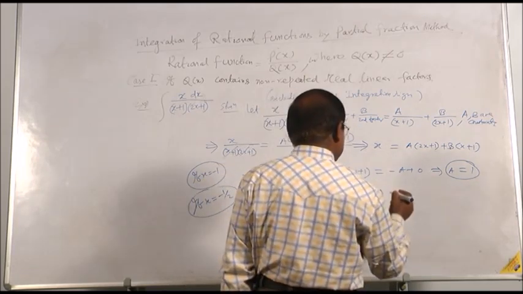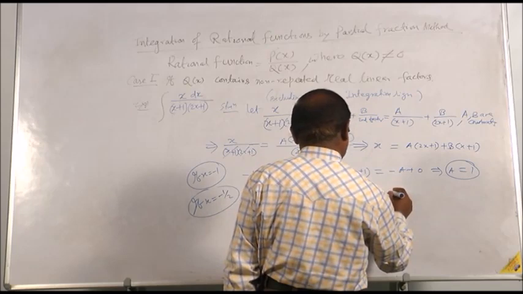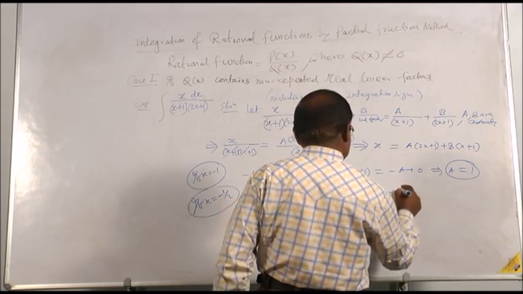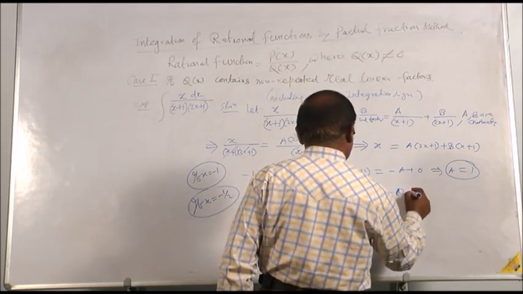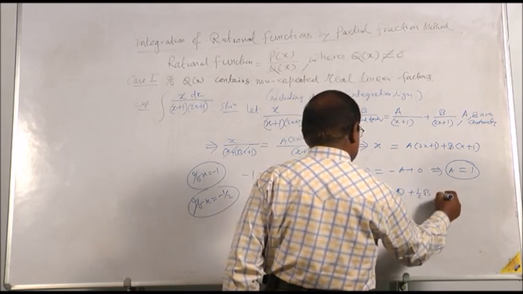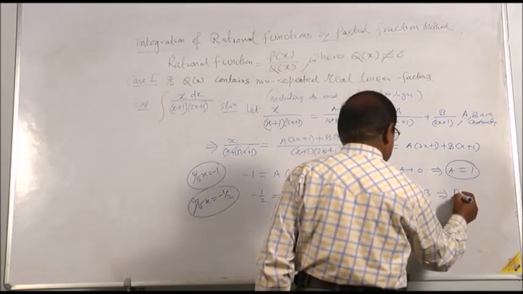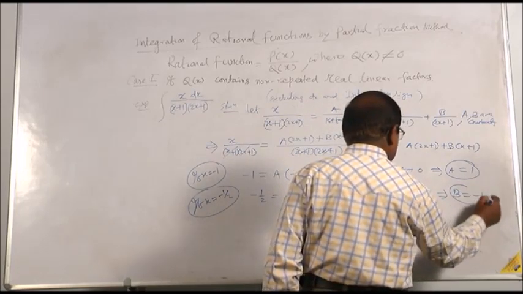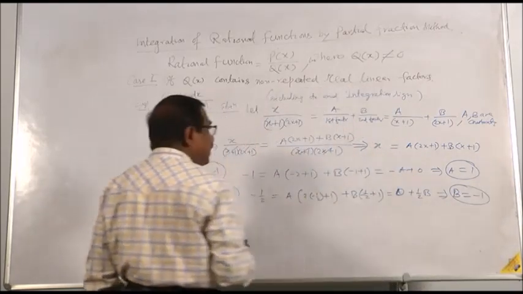So this becomes A times 0 plus half B, that implies B is equal to minus 1. So we have found out the values of A and B.